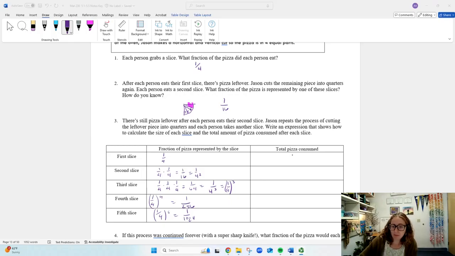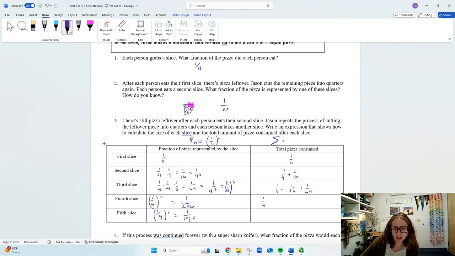So our total pizza that is consumed, we started out with 1/4, and then we added 1/16 to that. And then by the time that we got to the third slice, we added 1/64 to that. So here where I have a sequence, over here, this is my summation of that sequence.